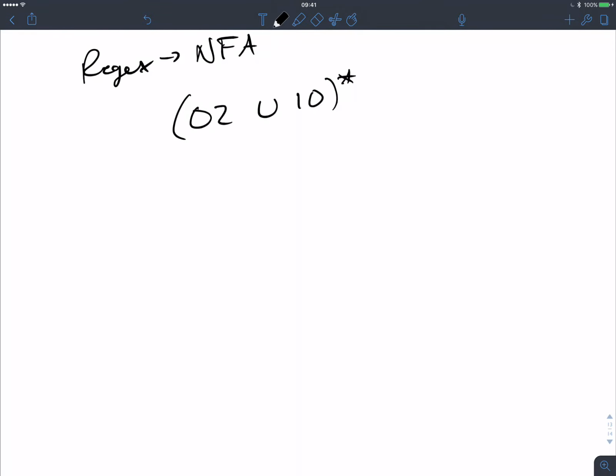Okay. Well, could I make a regex for 0, 1, and 2 individually? Yes, that's easy. So I'm just going to make a 0 here, a 1 here, and a 2 here. How do I make a regex for 0, 2?